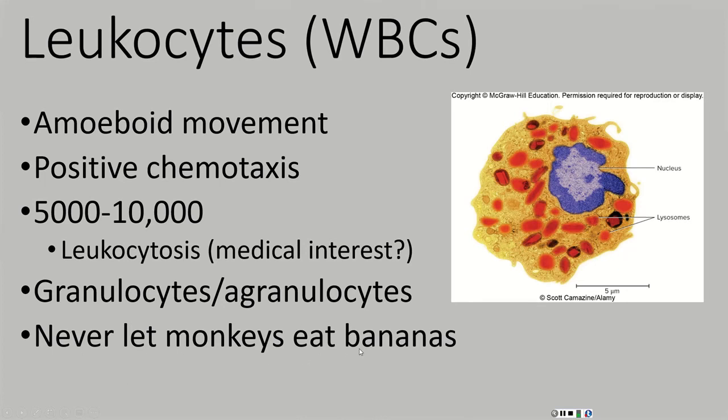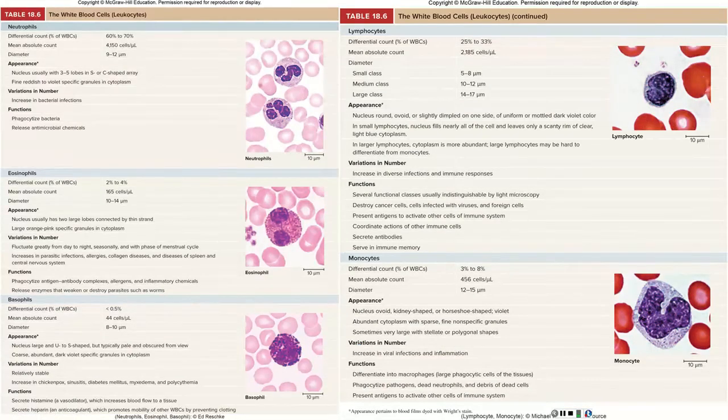Well, let's look to see the different types of leukocytes. And this is a chart, it's really two charts together from page 689 and 690 of your textbook. And what we can see here are the different leukocytes.